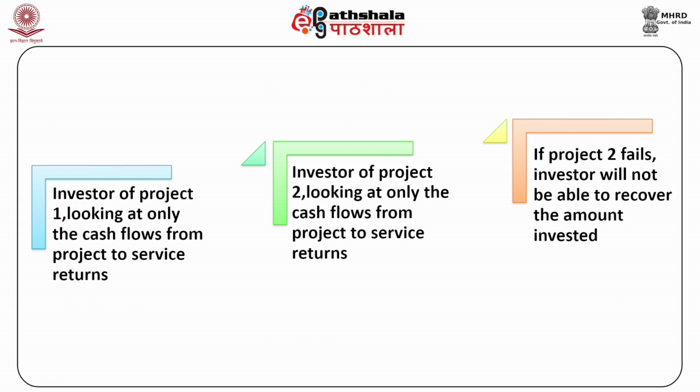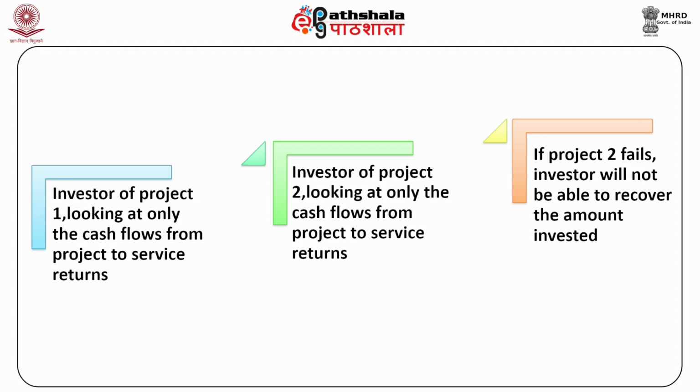So an investor who has invested in project 1 is looking at only the cash flows from project 1 to service their return requirements. An investor who has invested in project 2 is looking at the cash flows from project 2 to service their return requirements.